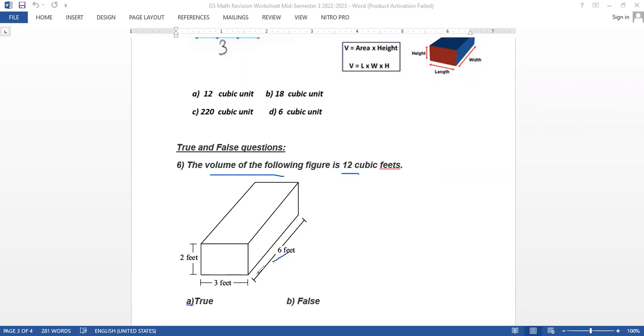Guys, as you can see, it is 18. 18 multiply 2 is 36. And he put the answer as 12. So the answer is false. It's false because we need to find the area of the base, which is 6 multiply 3, 18, then multiply by 2, or we can say length times width times height.